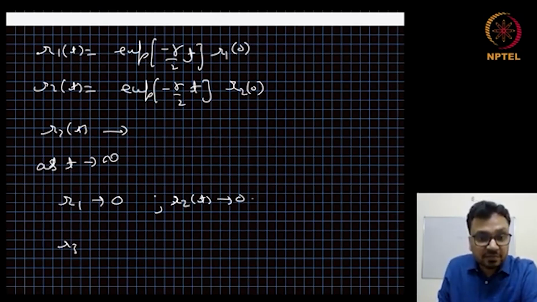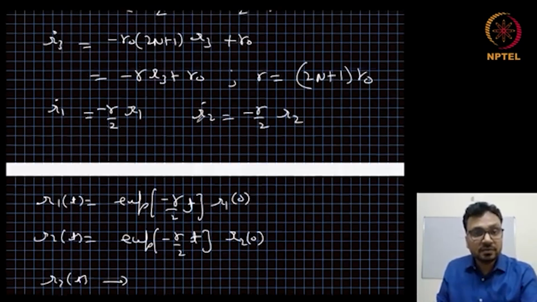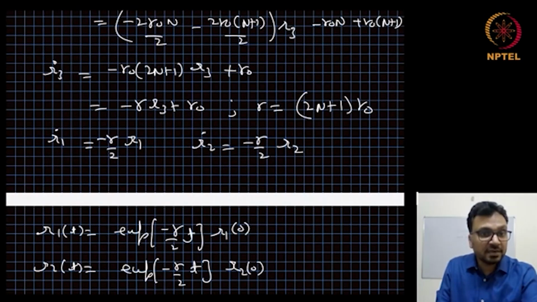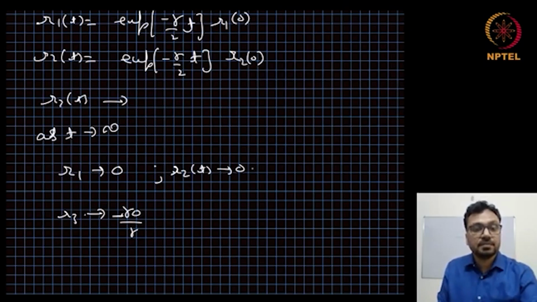And for R3 of t, when t tends to infinity, R3 dot will be 0 because it's a steady state. There is no change in R3. So when we substitute the right hand side to be 0, then R3 becomes gamma naught over gamma with a minus. That is minus 1 over (2n plus 1).